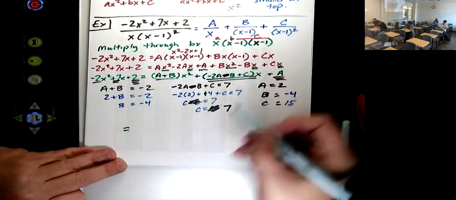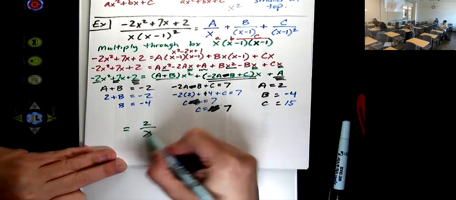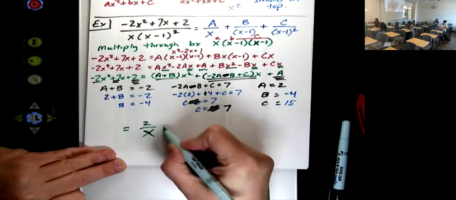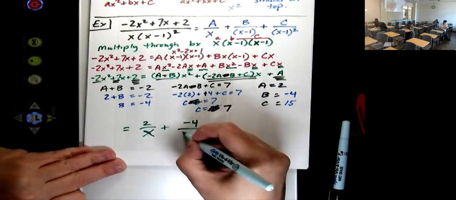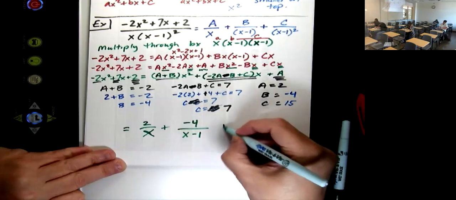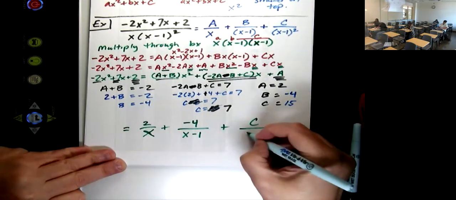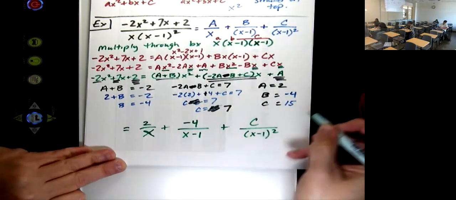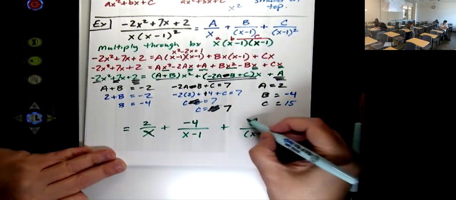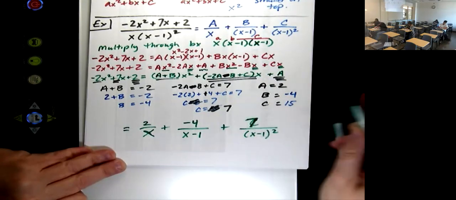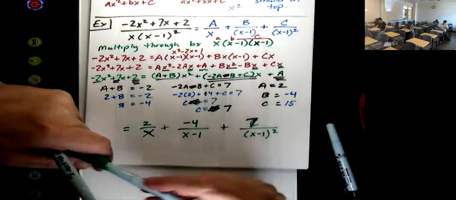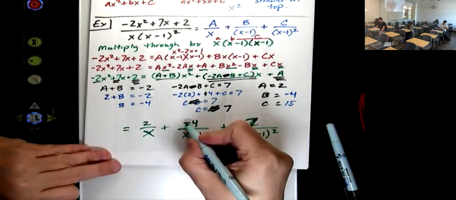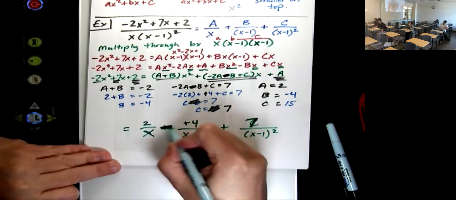It's A over X, which is 2 over X, plus B, which is -4 over X minus 1, plus C, which is 7 over X minus 1 squared. I don't know why I wrote C. And if we wanted to keep this positive right here, I could make this negative right here.